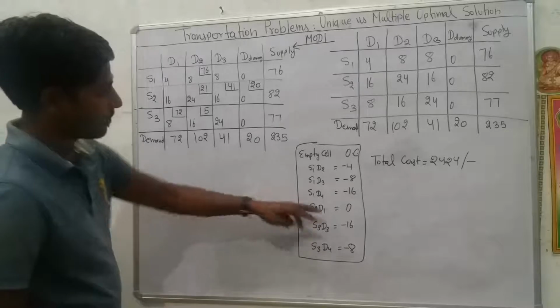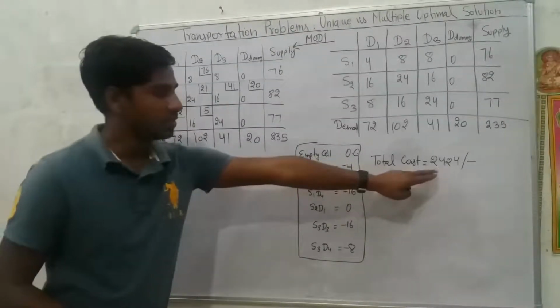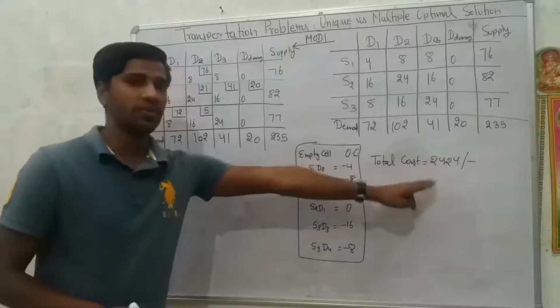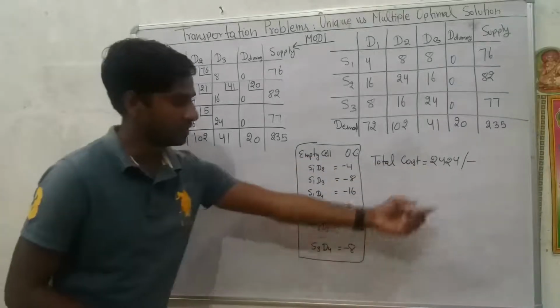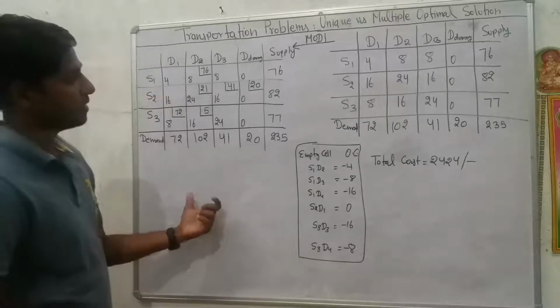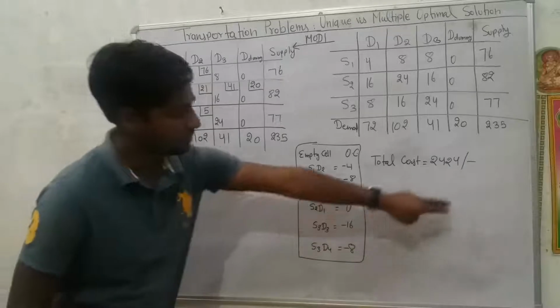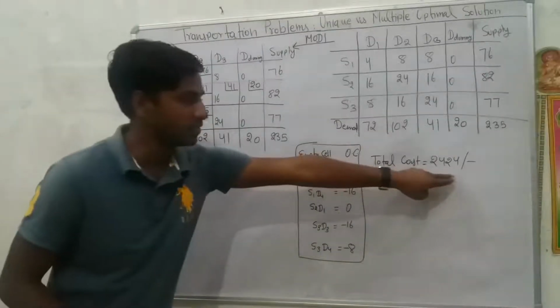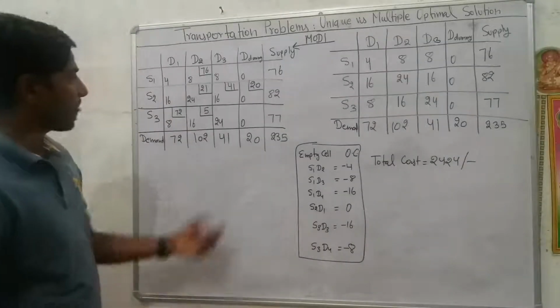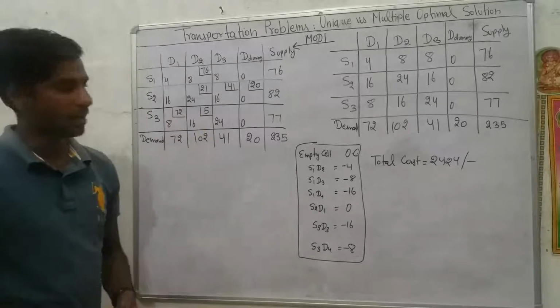In this case the total cost of the optimal solution is 2424 rupees. If this problem has more than one solution, they are going to produce the same results with different combinations of supply and demand.